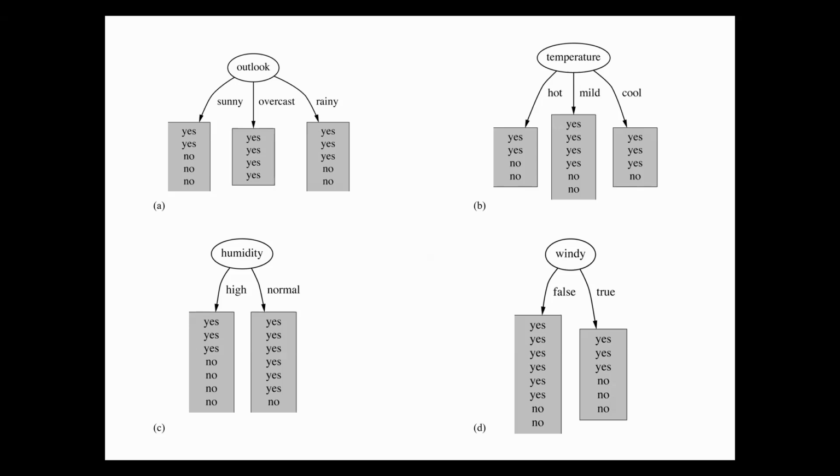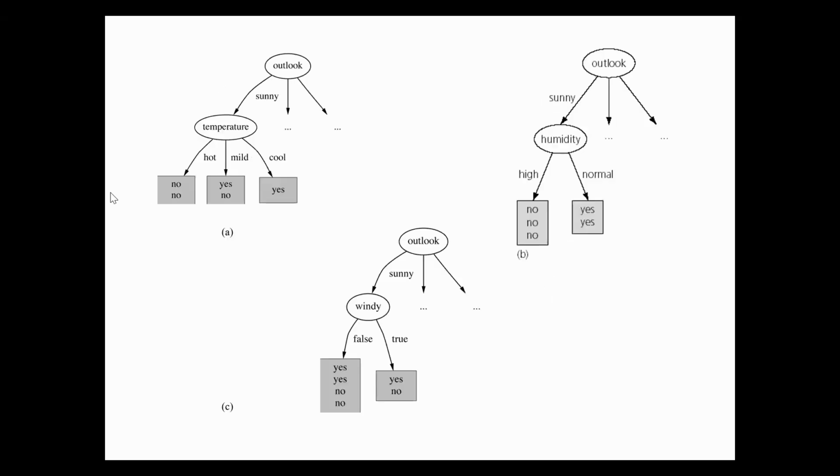I told you if you use random trees, you will select one at random. But our intention is that we can have very small trees if we are smart. So Outlook, we already selected as the root node. Then we put the other 3 attributes, that is temperature, humidity, and windy.